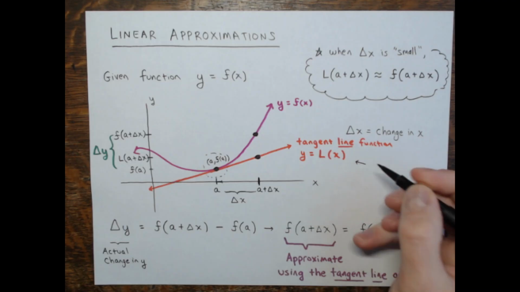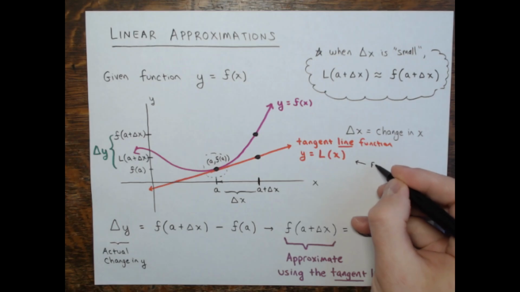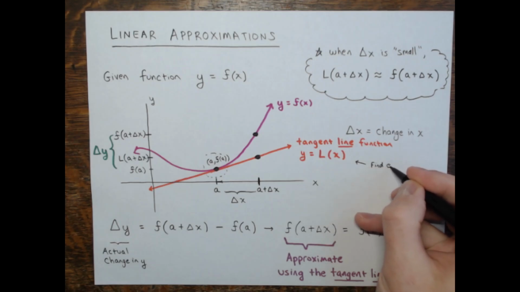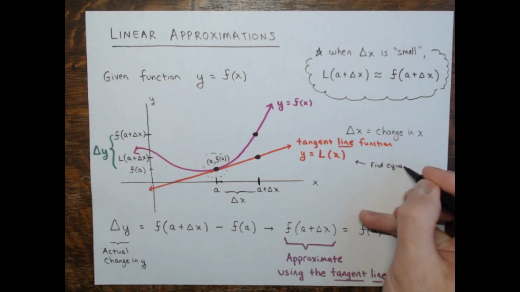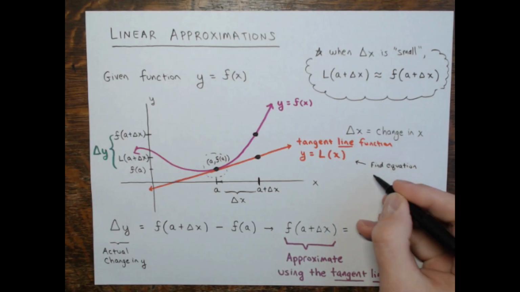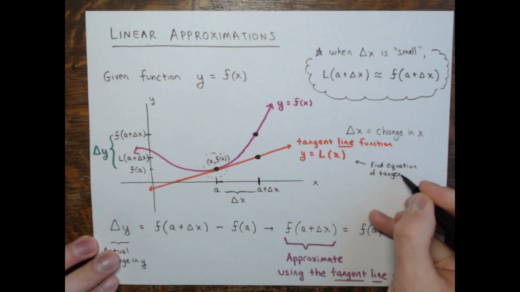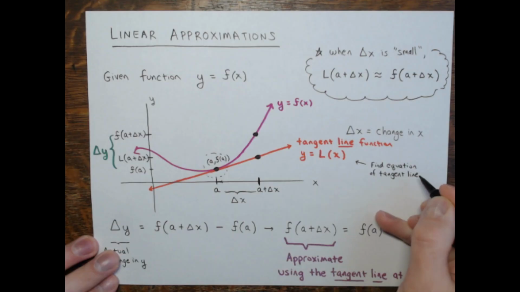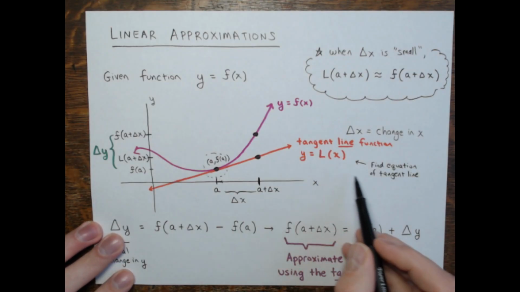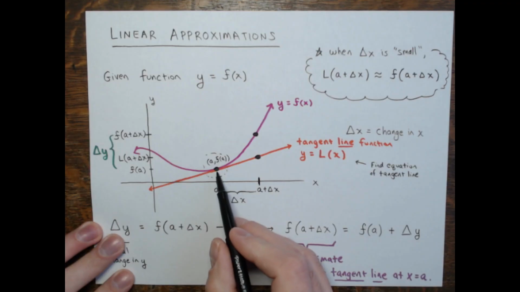So we just need to find the equation of a tangent line at x equals a, which should be no problem, right? If you remember your derivative. So remember that would be passing through the point a, f of a.